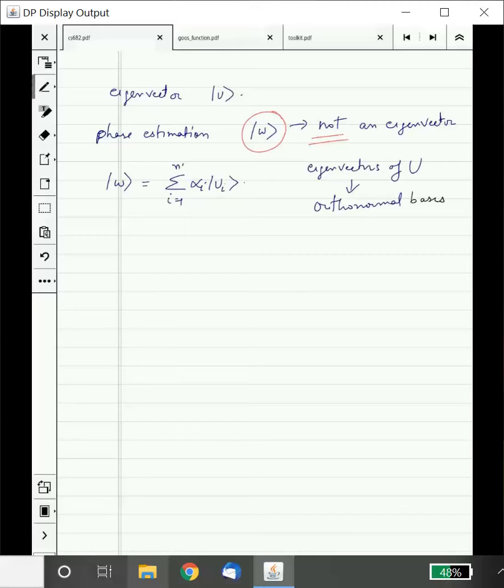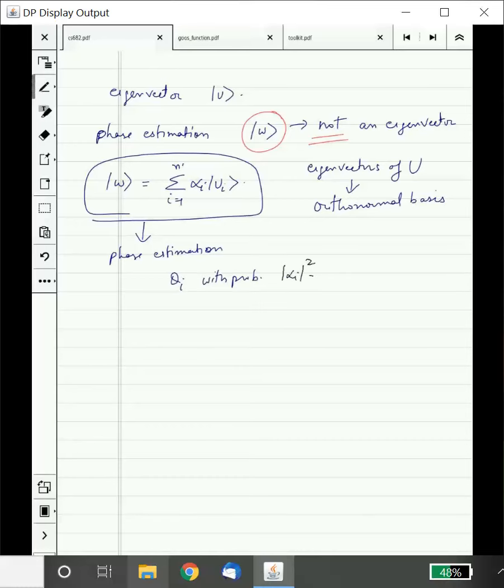In that case, if I apply phase estimation, then I will get theta i with probability alpha i square. This is just the superposition. This is how it should act. And this property, this seemingly clear property, will be very useful in Shor's algorithm.